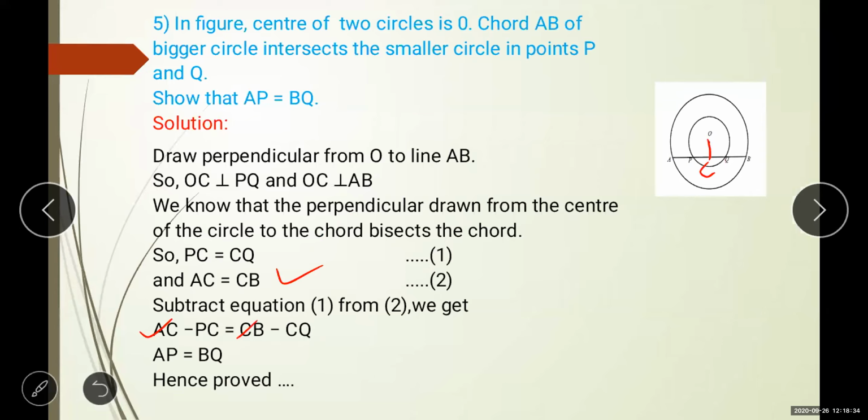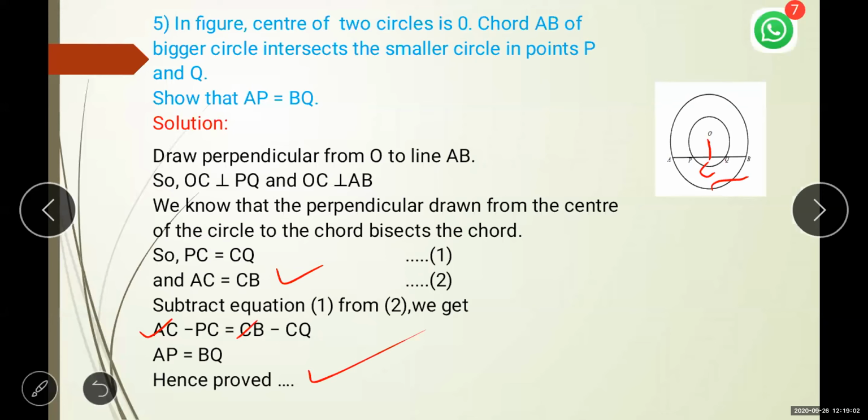AC minus PC, what you will get? Only AP. Same for the right side, BC minus CQ, so you will get BQ. Hence proved. I hope you understood this much. Okay, fine.